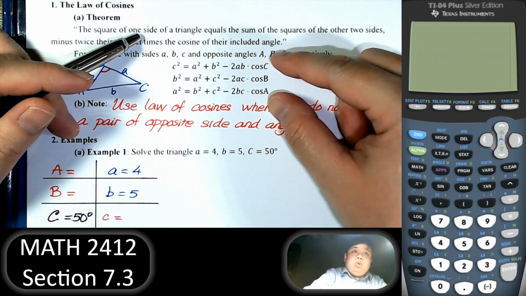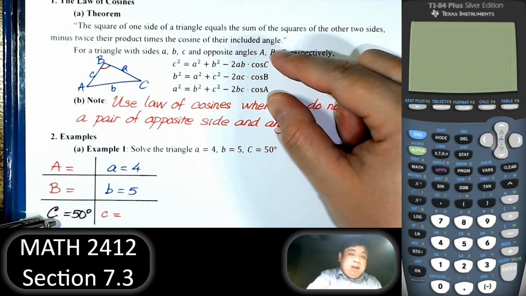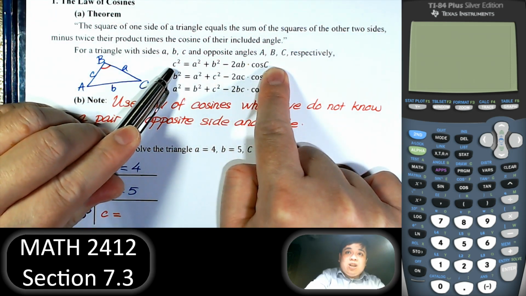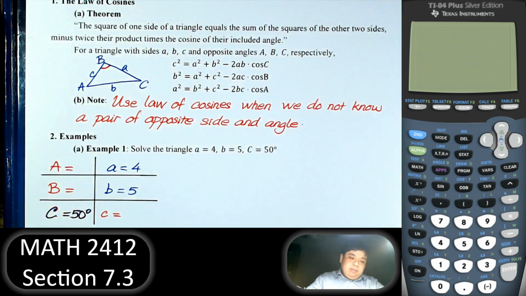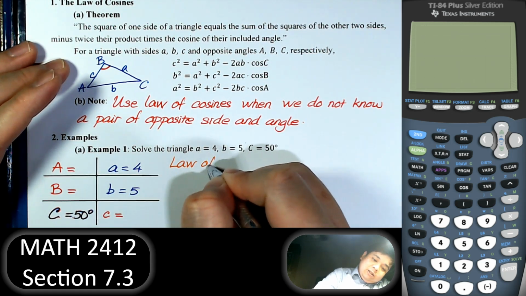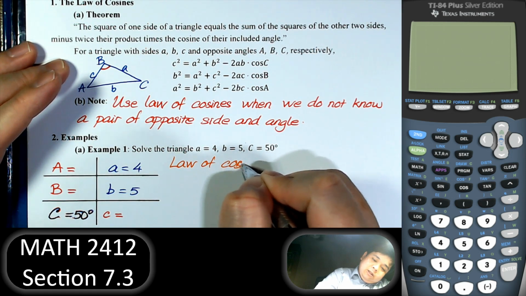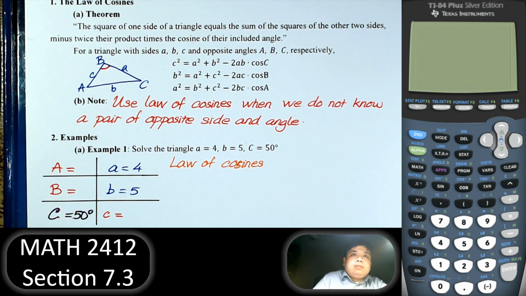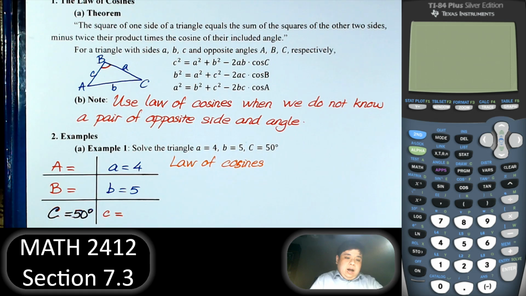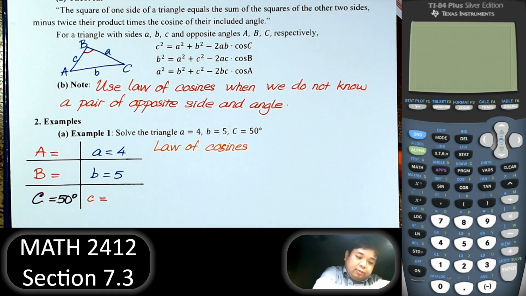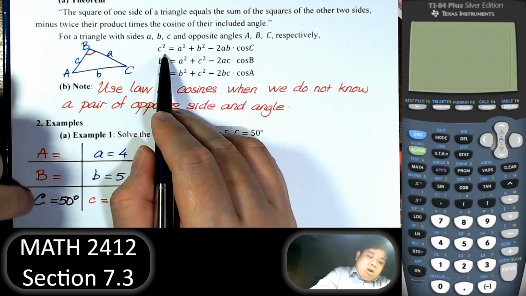And there are three laws of cosines. Which one do we use? Well, that's easy. We have the angle C, so we choose the one with angle C. Therefore, we use the one that starts with little c.